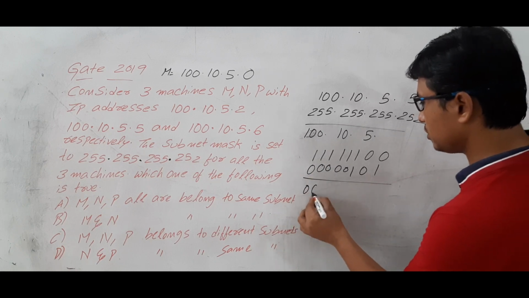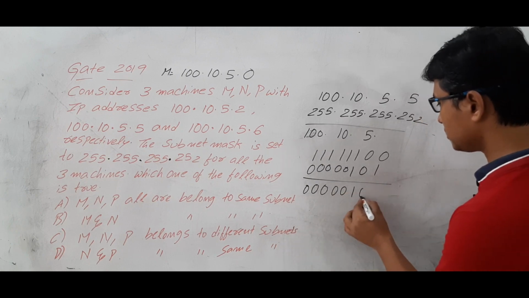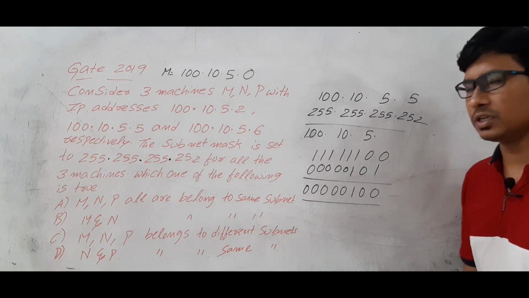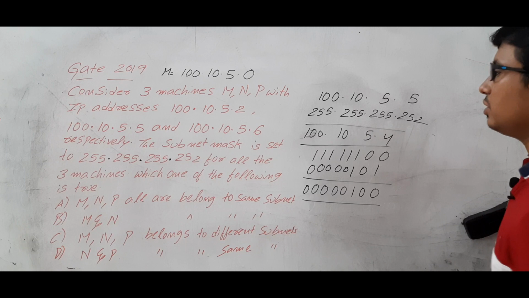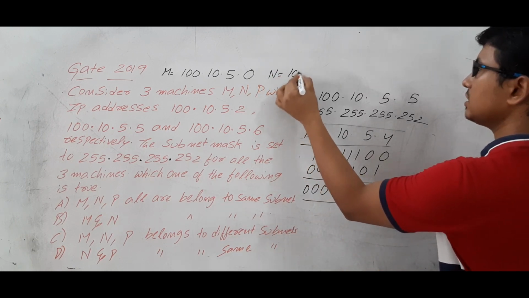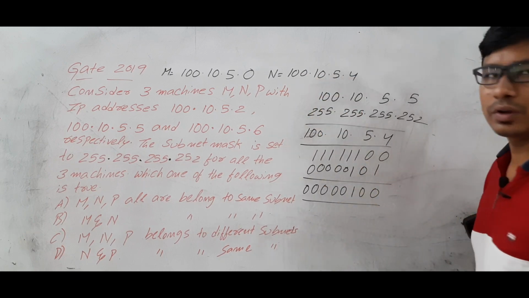You will get 0, 0, 0, 0, 0, 1, 0, 0. If you convert into a decimal number, this is equal to 4. So N belongs to a subnet whose subnet ID is 100.10.5.4.